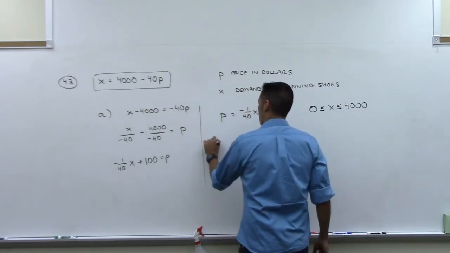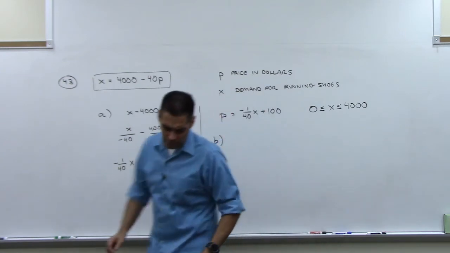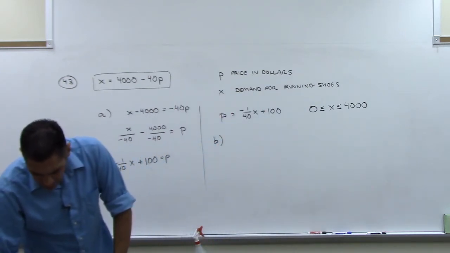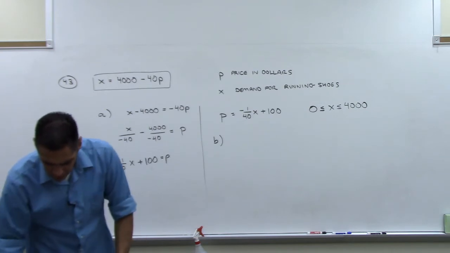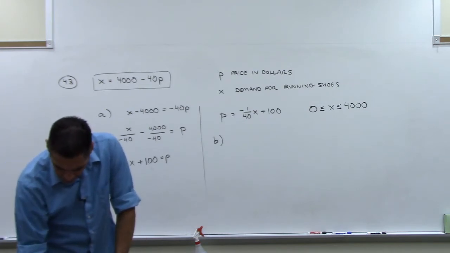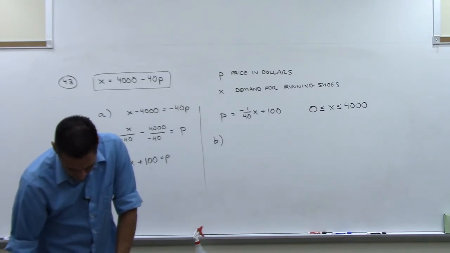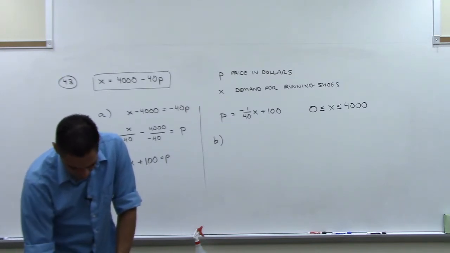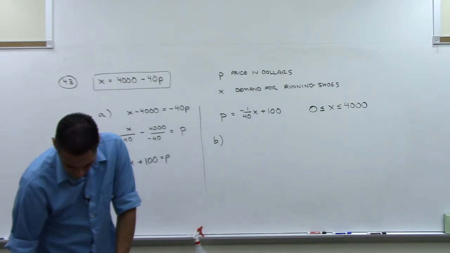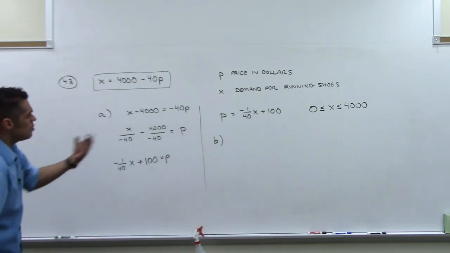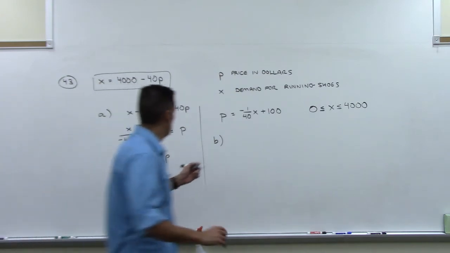So that's part A. Part B, what are they asking for in part B here? Find the revenue from the sale of X pairs of shoes. Revenue is how much you're going to bring in.